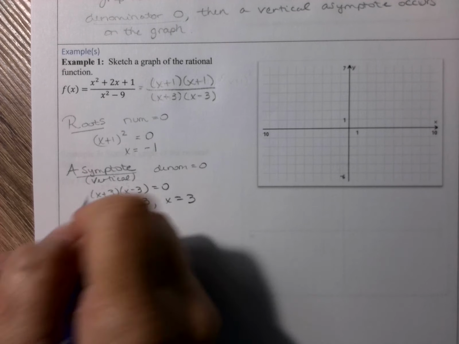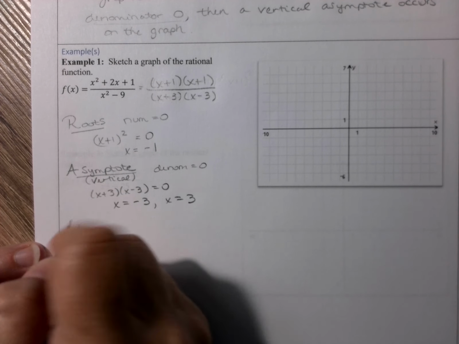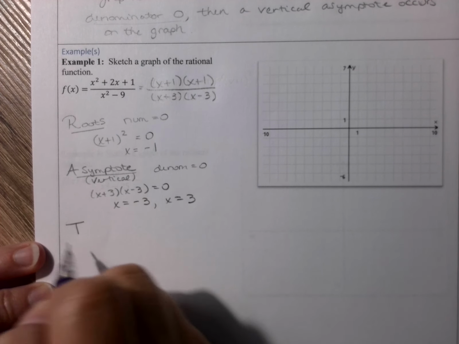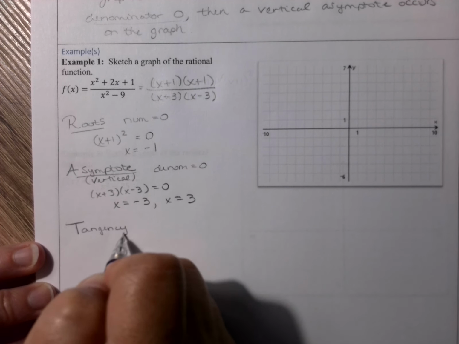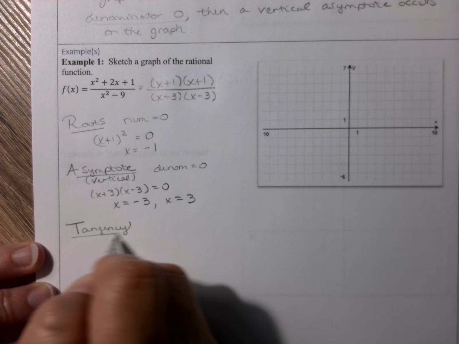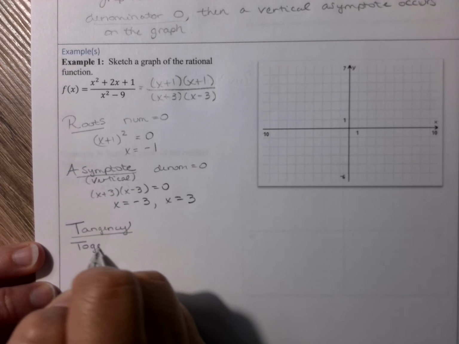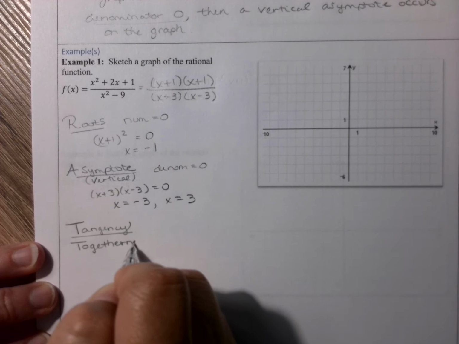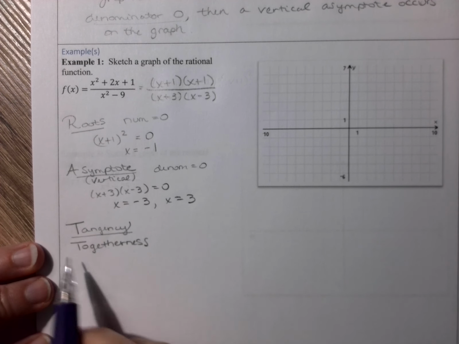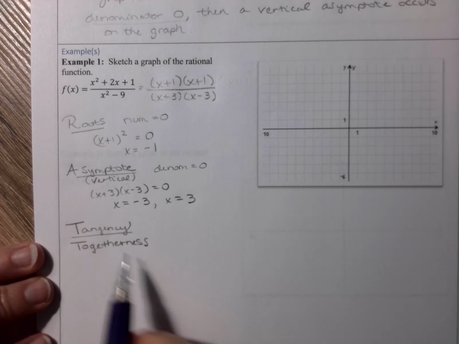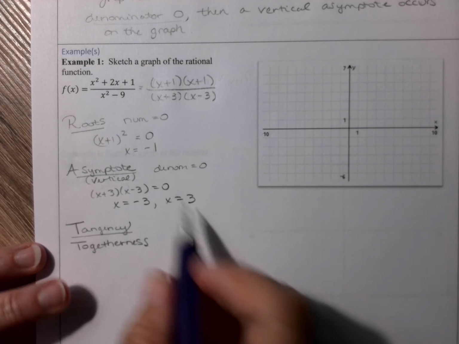Now, the next step here, we're talking about some features of graphs that we don't always talk about: tangency and togetherness. This is kind of a weird word, possibly a made-up word, but it's a really good idea here that's going to help make the sketching of the graphs a lot easier.